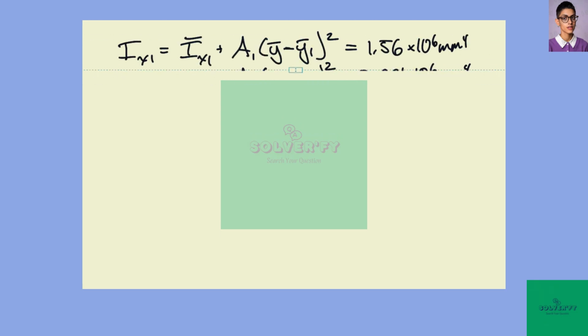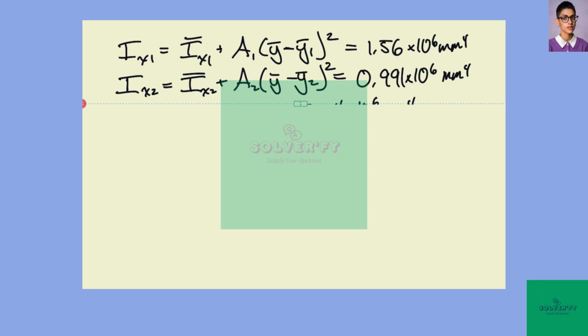So then we need to use the parallel axis theorem to shift things. We find the area moment about the whole section centroidal axis for the C channel is the area moment about the C channel centroid plus the area of the C channel times the distance from the centroid of the whole body to the centroid of the C channel squared, and we get 1.56 times 10 to the 6th millimeters to the 4th.